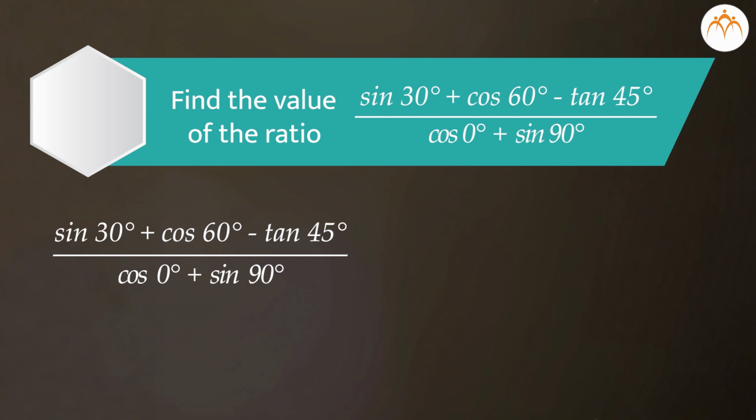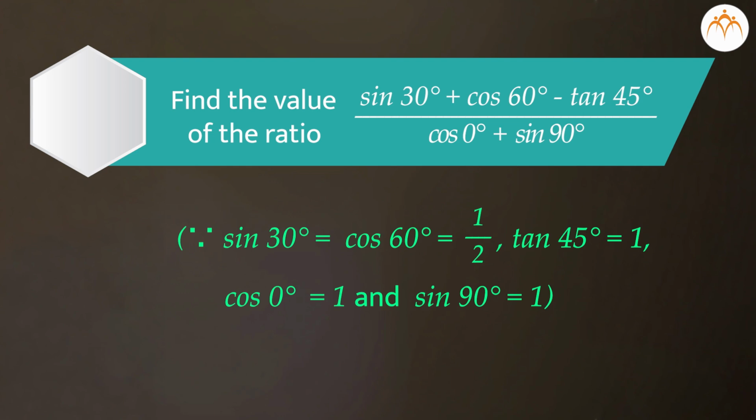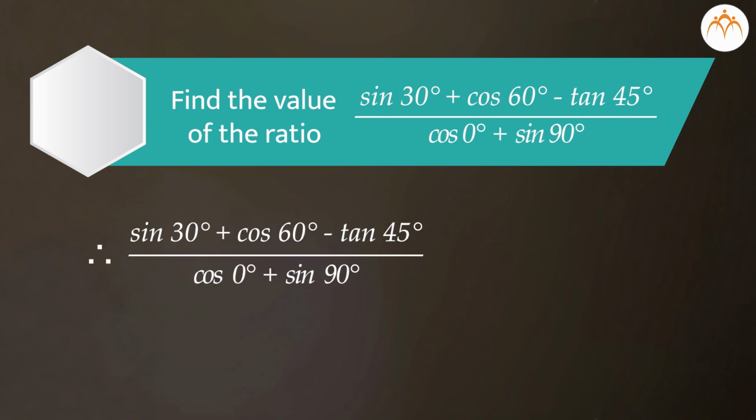It is equal to 1 upon 2 plus 1 upon 2 minus 1 upon 1 plus 1, because sin 30 degree is equal to cos 60 degree is equal to 1 upon 2, tan 45 degree is equal to 1, cos 0 degree is equal to 1 and sin 90 degree is equal to 1. Therefore, the ratio is equal to 0 upon 2 is equal to 0.